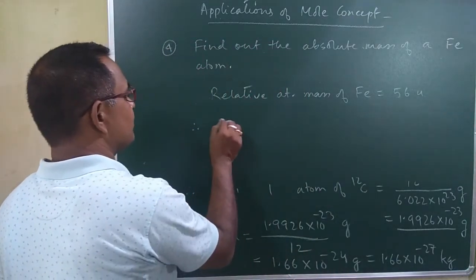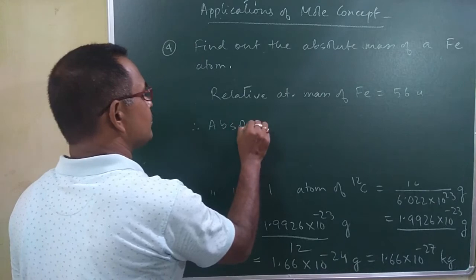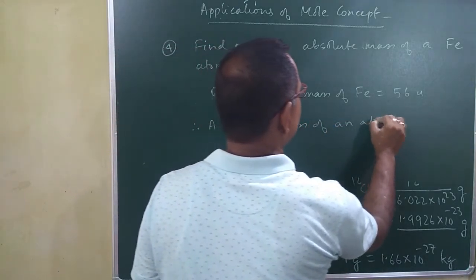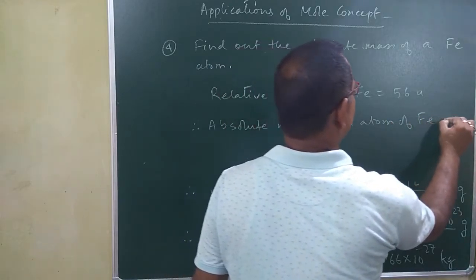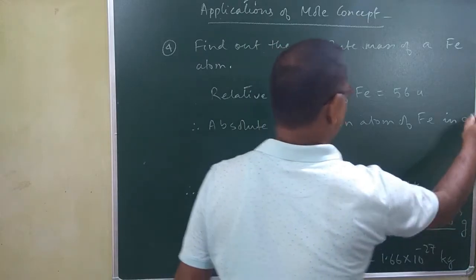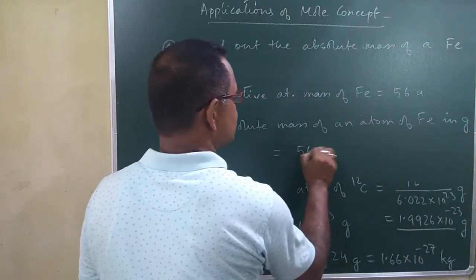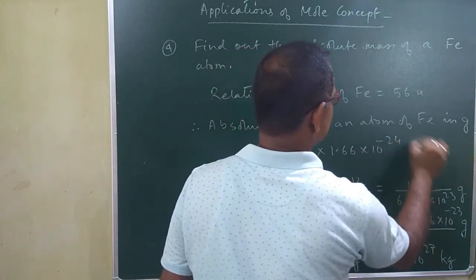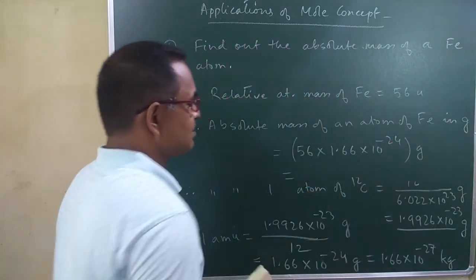Therefore, the absolute mass of an atom of iron in, say, gram is equal to 56 multiplied by 1.66 times 10 to the power minus 24 gram. This is the answer.